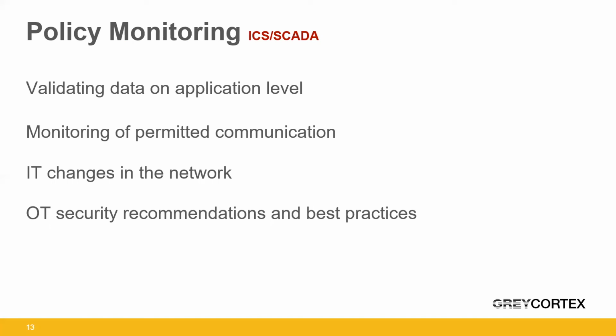And again, going up, of course, you can see if there are changes in the network in general, like new communications or new devices, or the network changes bypassing OT perimeter, and so on.